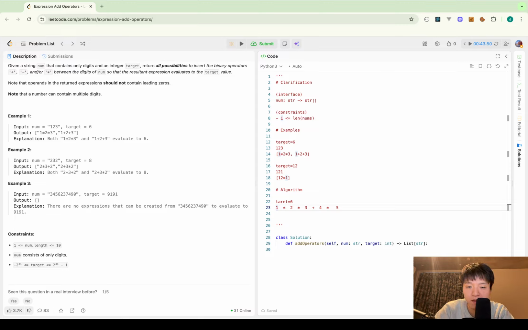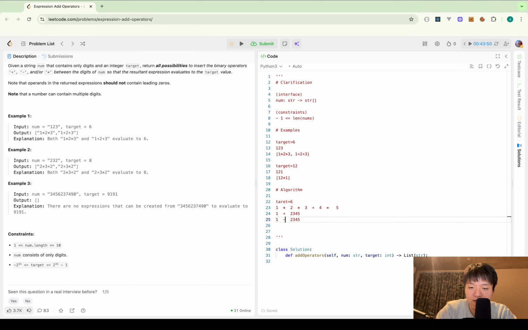My quick intuition is that maybe I can use dynamic programming. Let's say I have this one later. In that case, I can think of a function that creates some numbers which are possible from 2, 3, 4, 5.